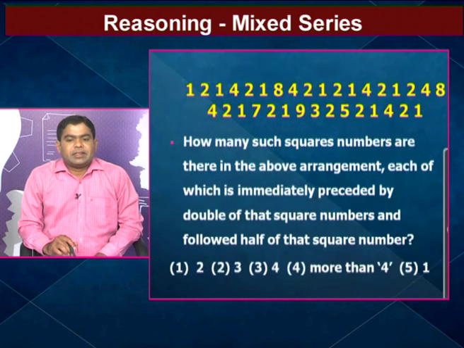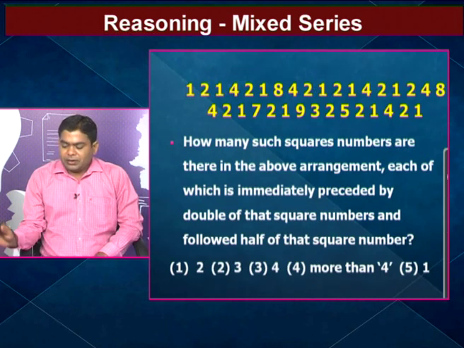How many such square numbers are there in the above arrangement, each of which is immediately preceded by double of that square number and followed by half of that square number? So here in the question square numbers are given.